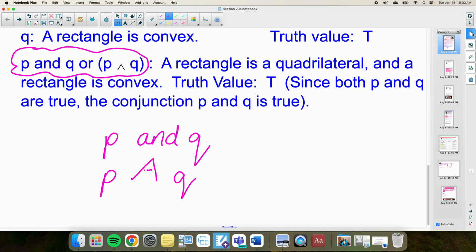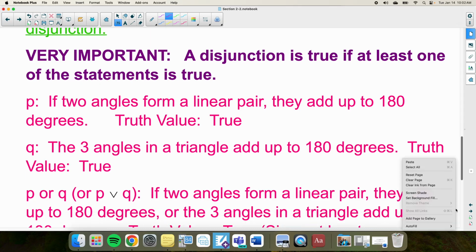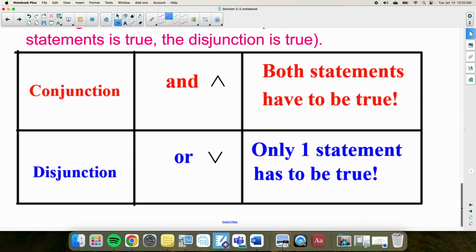Now, what is on your cheat sheet looks like this. So you guys have this right here on your cheat sheet, okay? And this is really going to help you guys out today. When they ask you to take 2 statements and connect it with and, that is called a conjunction.